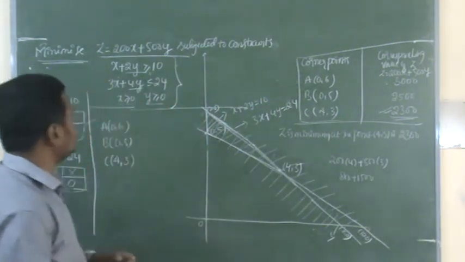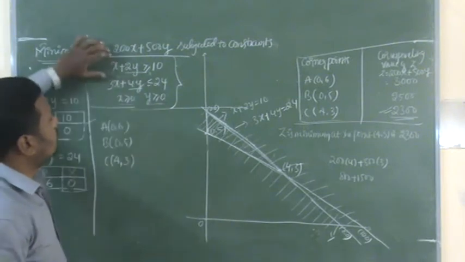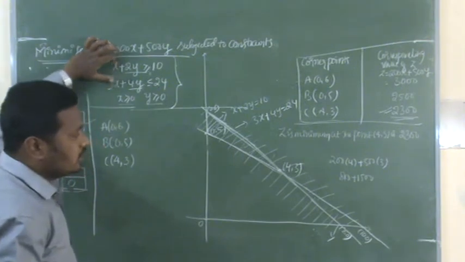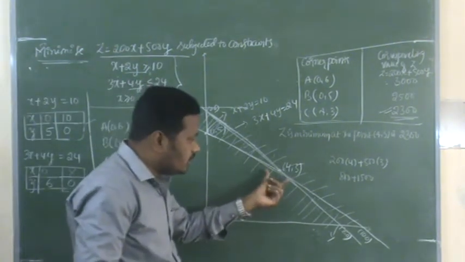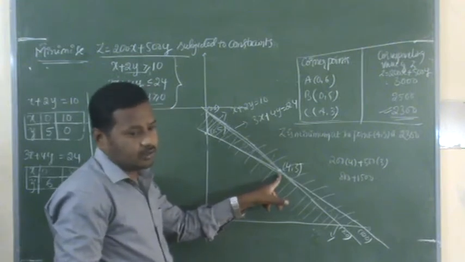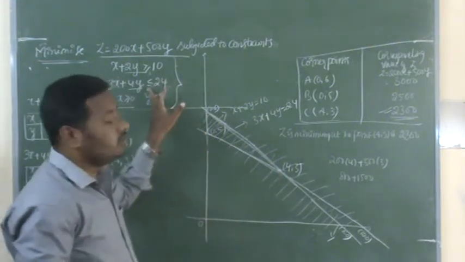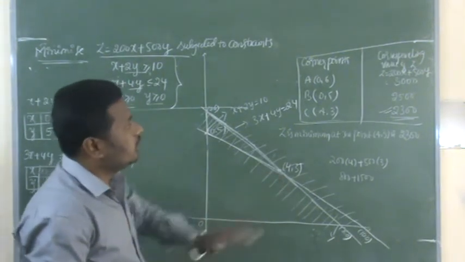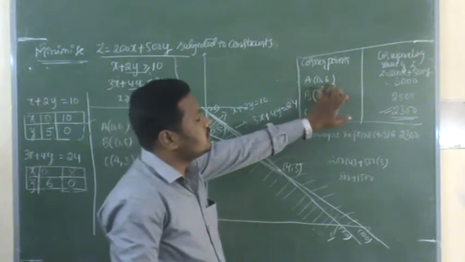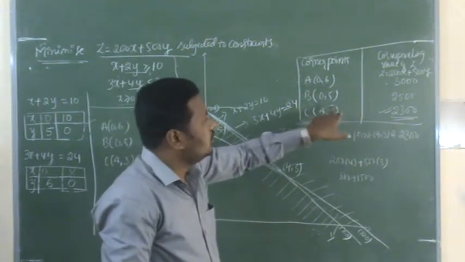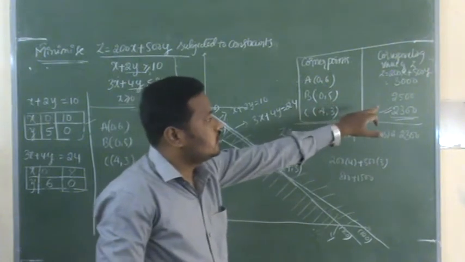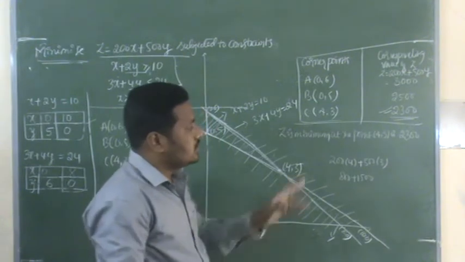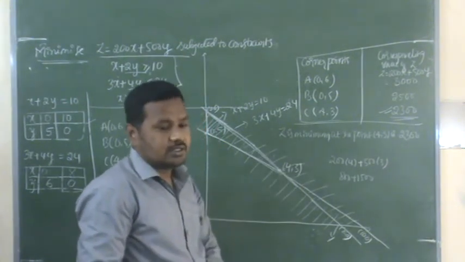So students, whenever these two equations are given, we have to find the intersection of the lines by solving these two equations to get the point. Finally, the corner points: A (0, 6) gives 3000, B (0, 5) gives 2500, and C (4, 3) gives 2300. This is the minimum value of z.